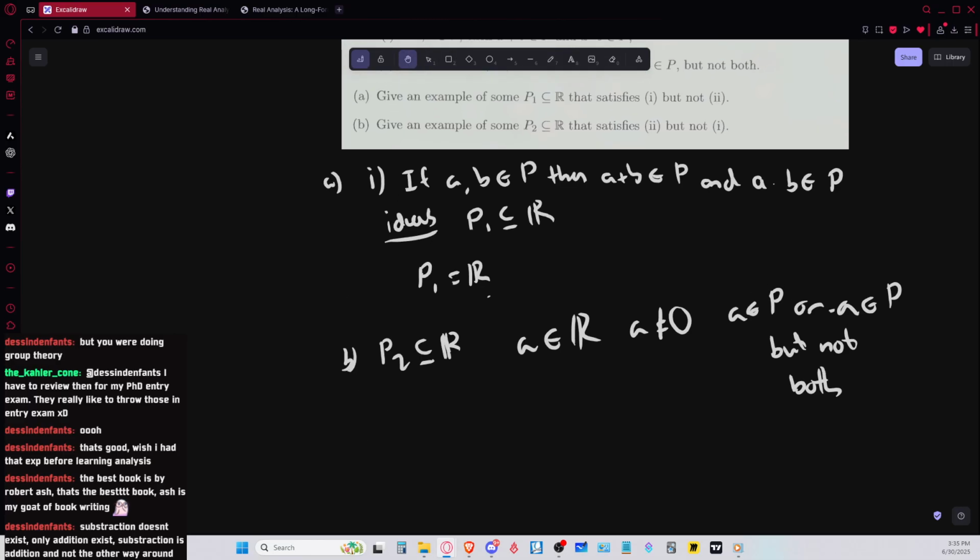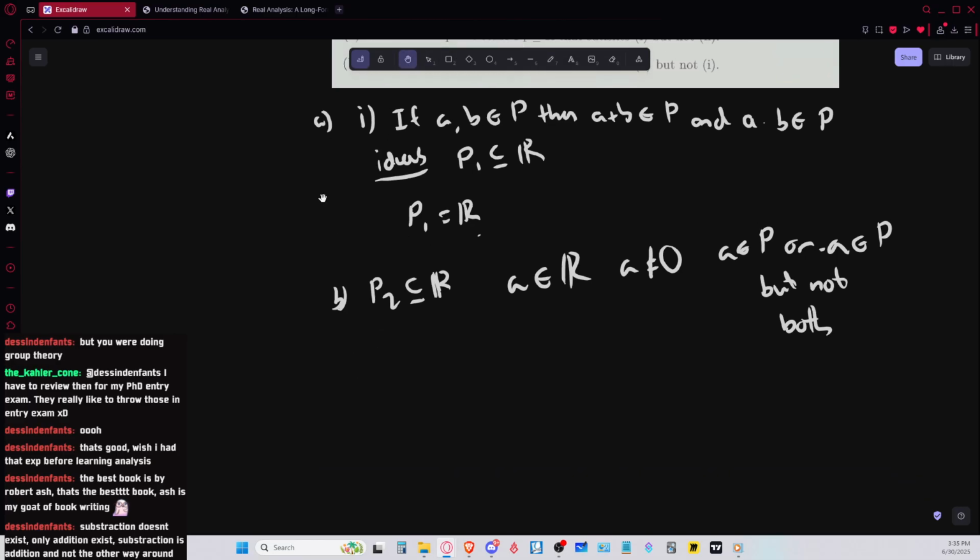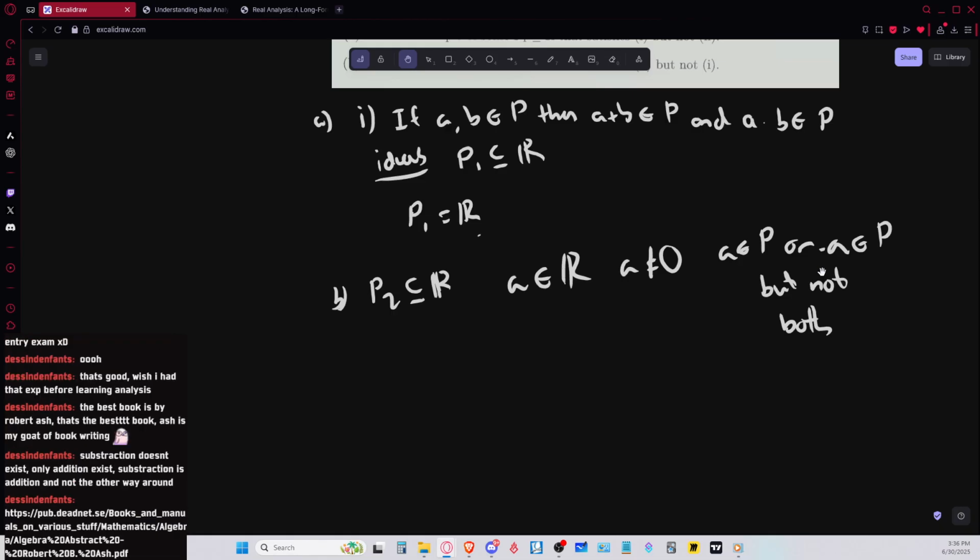The thing is that if A is in the real numbers, then we have both A and negative A in the real numbers, but we have to make it so that they're not both in P2.